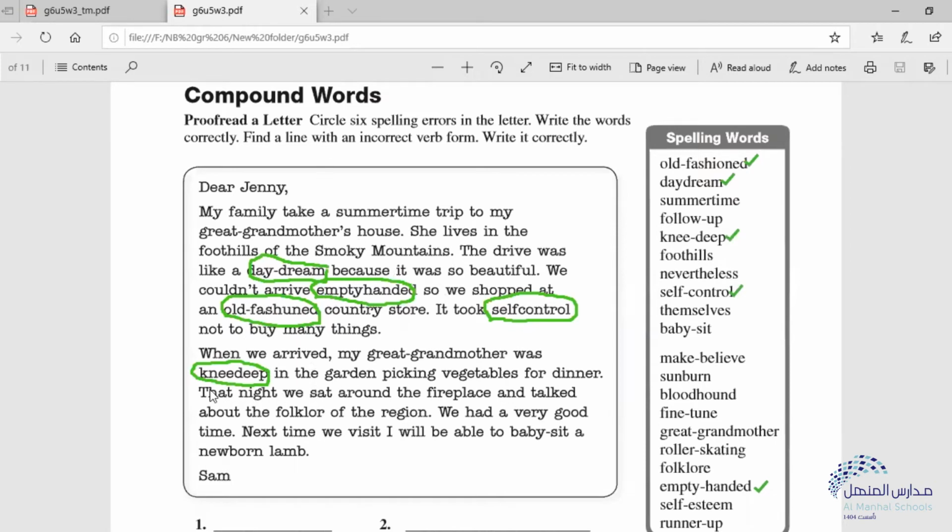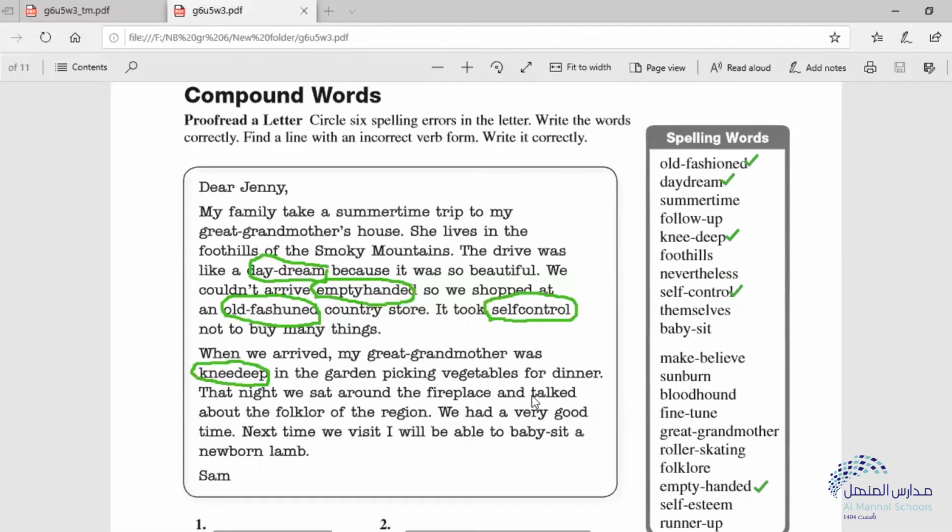And they say that night we sat around the fireplace. Fireplace. Let's check for it. Let me see. Any word there? Okay, let me assume it's correct.